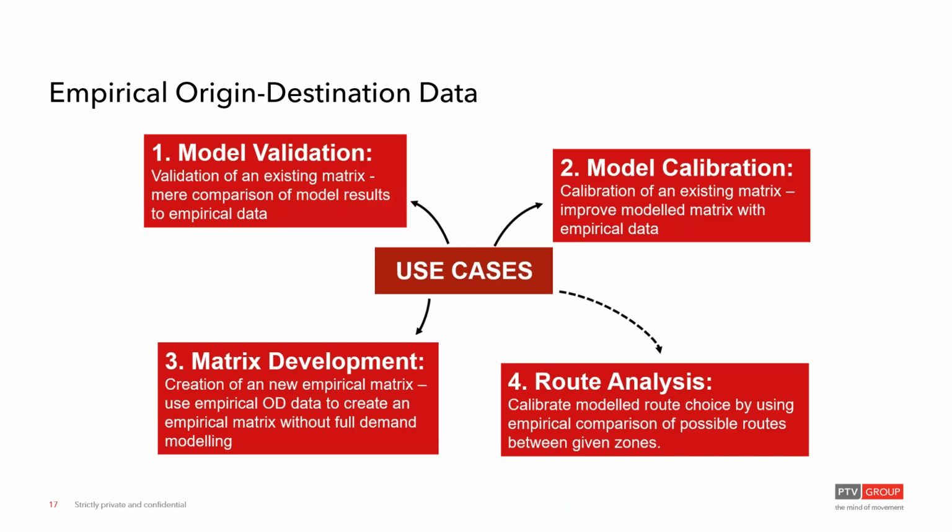We can also create new matrices out of these empirical data without doing a full demand modeling. That is for sure an advantage, or can be an advantage. What is difficult with the cell phone data is the route analysis. This is only possible with GPS-based data. So this is a rather, let me say, rather new topic.